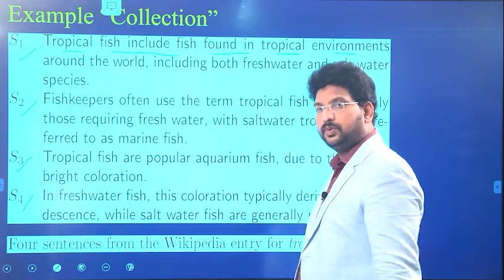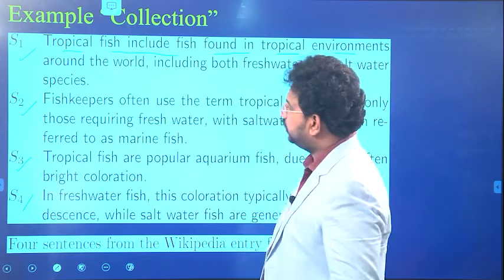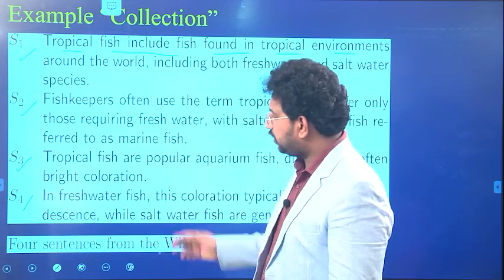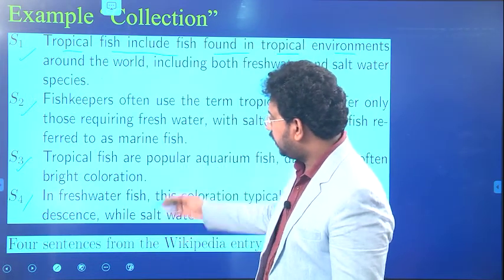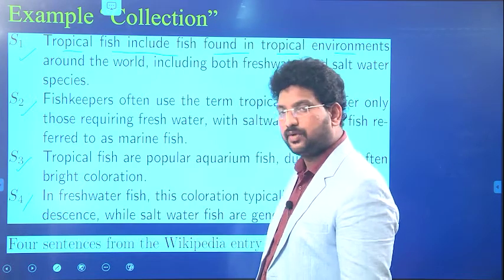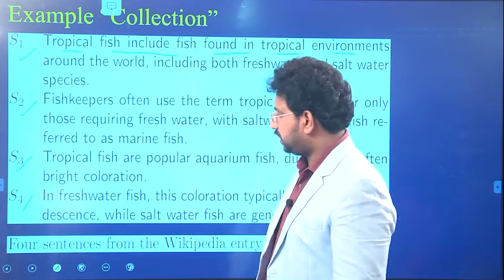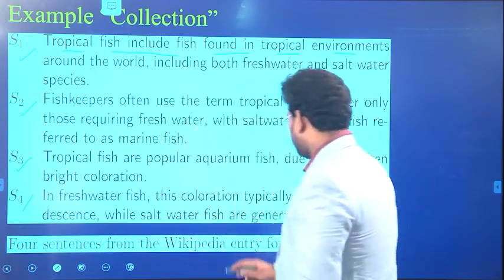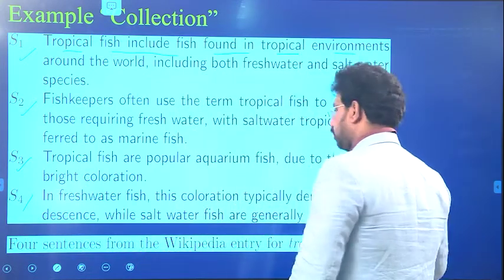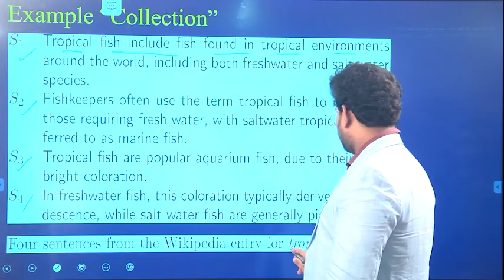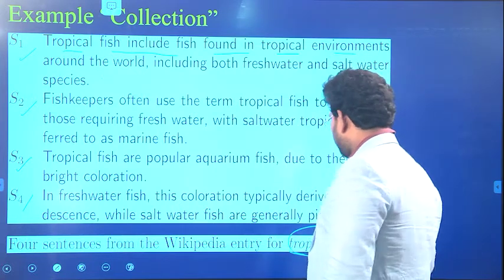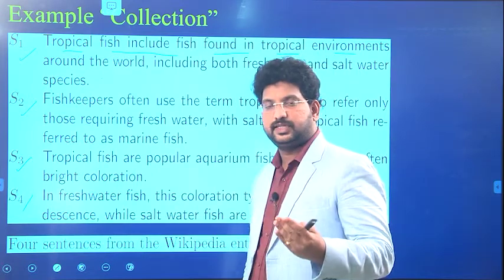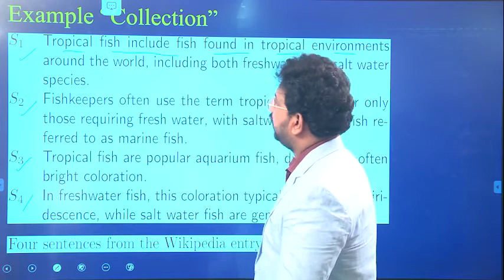And sentence 2 or document 2 consists of other textual information, and document 3 or sentence 3 consists of other text, and document 4 also has some textual information. These are 4 sentences from the Wikipedia entry for tropical fish. For the term tropical fish, you will have 4 sentences or 4 documents.